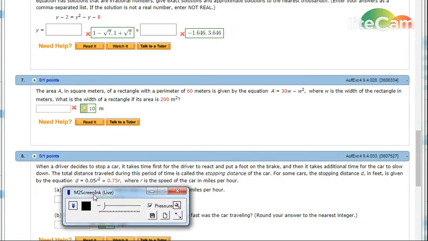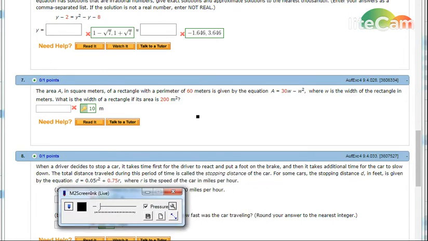The perimeter really doesn't matter. It's kind of inconsequential to this problem because we do not know what the length of the rectangle is. But we do know what the area is.